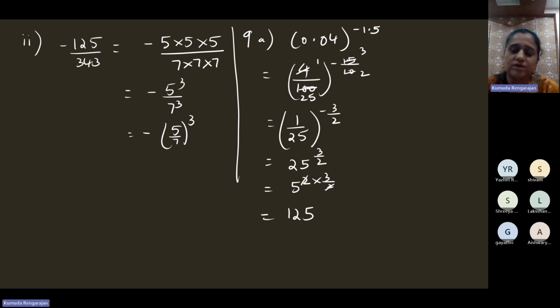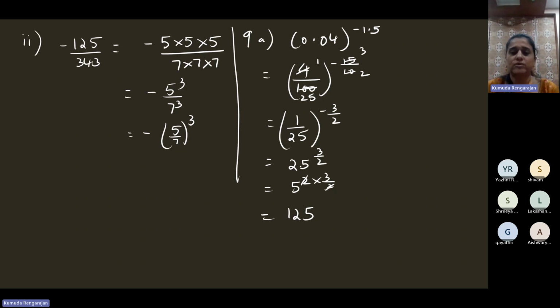0.04 is 4 by 100. 1.5 is 15 by 10. That's the first step. Then simplify. 4 ones are 4, 25 times is 100. And 15 by 10 reduces to 3 by 2. So we have 1 by 25, the whole power minus 3 by 2. Negative power, we need to make it positive.